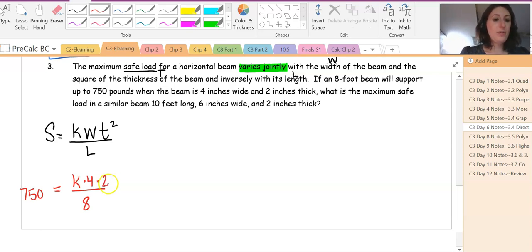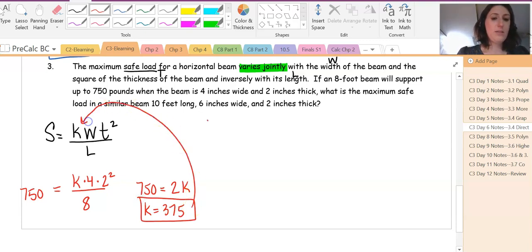So it's not just 2, but it's 2 squared. All right, so let's go ahead and solve that. 750 equals, that's 4 times 4 is 16. 16 divided by 8 is 2k. And then if you go ahead and divide, we should get k is 375. That's going up there.